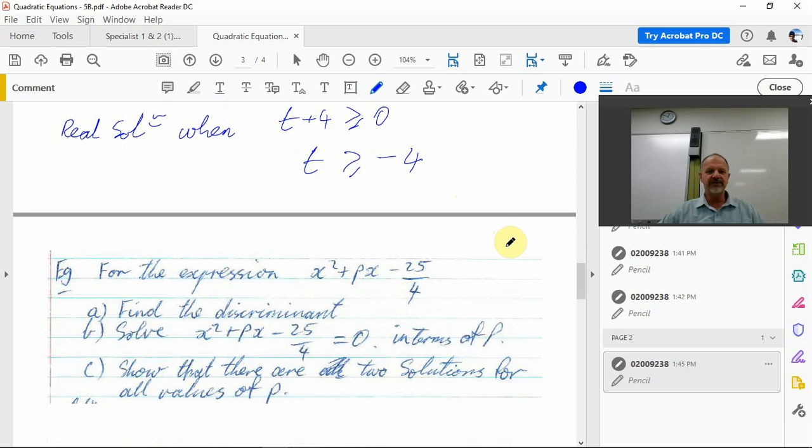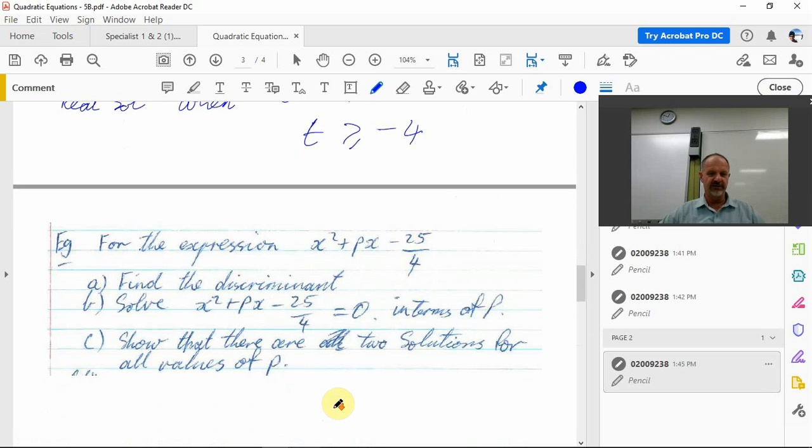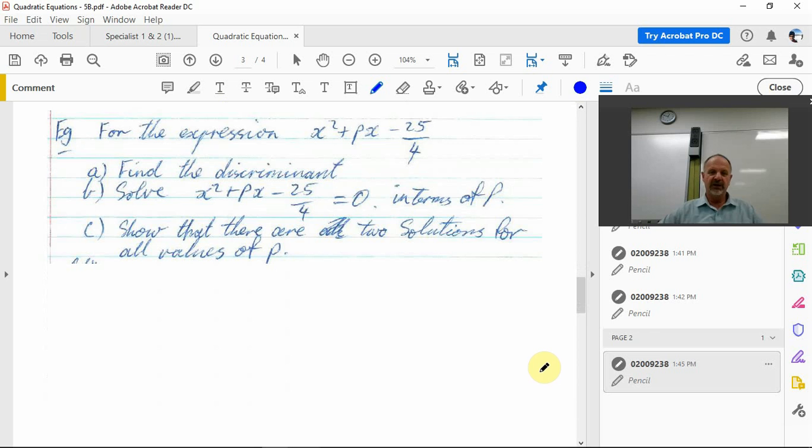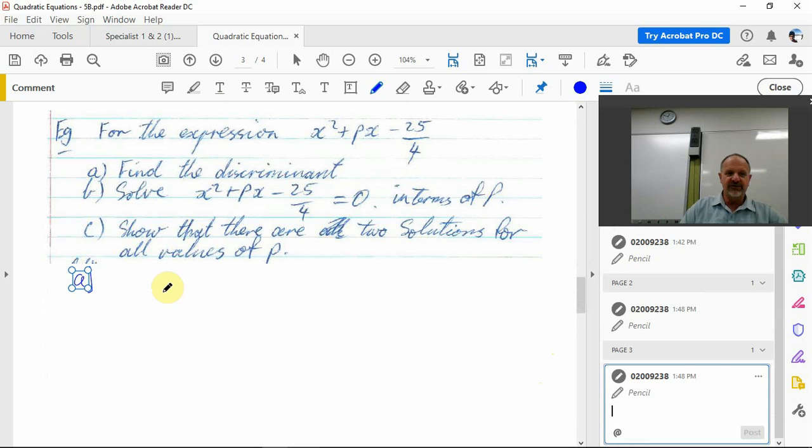All right, so there's that. Next one. For this expression, find the discriminant, solve the equation here in terms of p, and show there are 2 solutions for all values of p. All right, that's interesting. First of all, part A says find the discriminant.